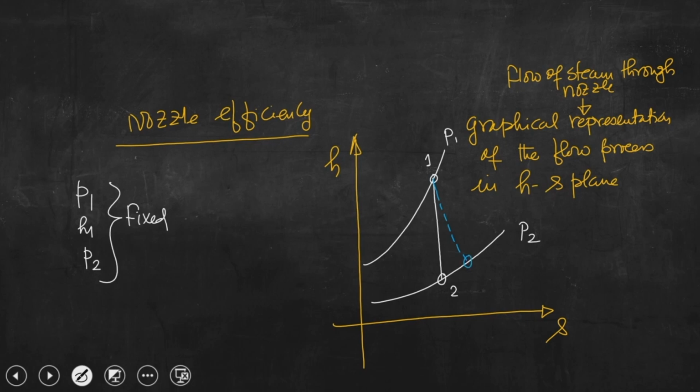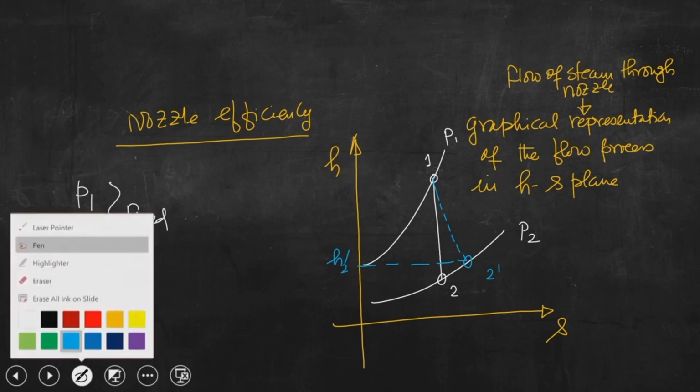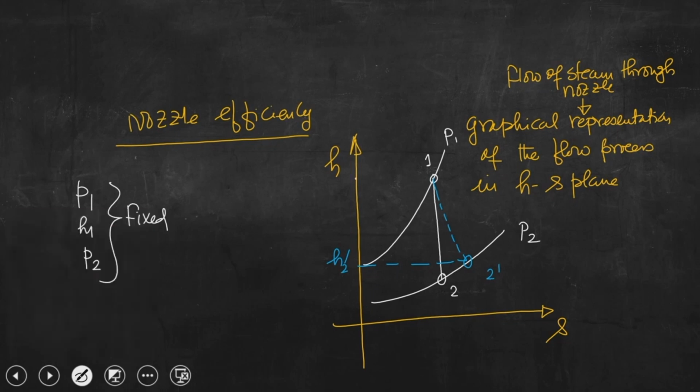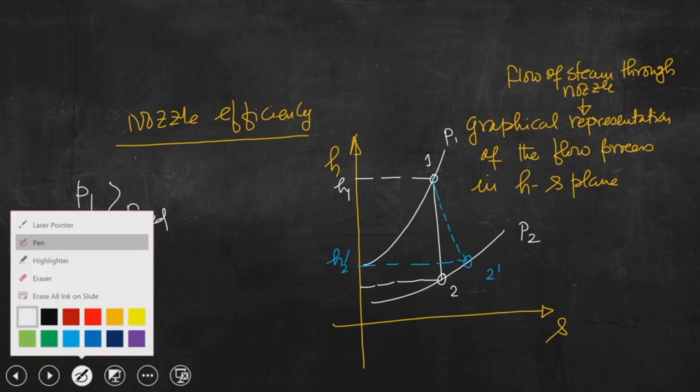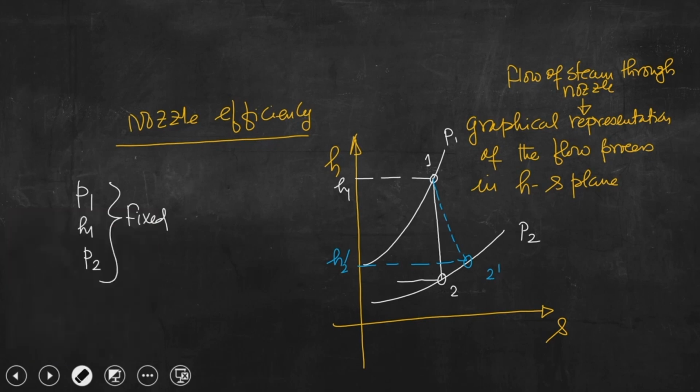So, this is 2 prime, right. Now you can see this is H2 prime, this is H1 and this is H2, right.